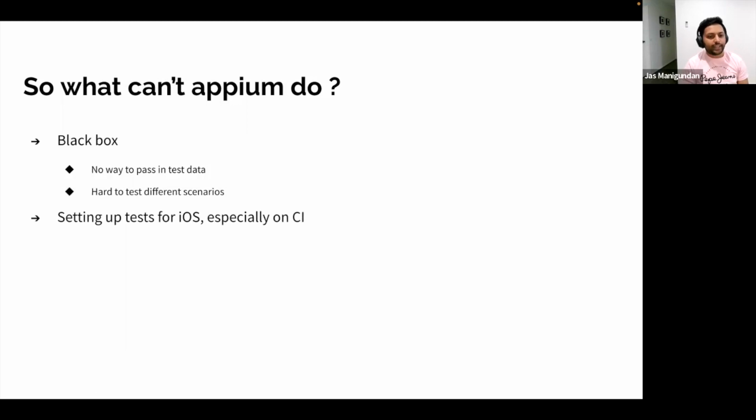So setup can be harder, especially on the CI because of the signings and all that. If you're quite new to it and trying to set up a pipeline, it might be quite challenging, but now there are quite a few tools that you can use when it comes to CI, like Bitrise, which have a lot of support for Appium, but it still is a bit of a learning curve.